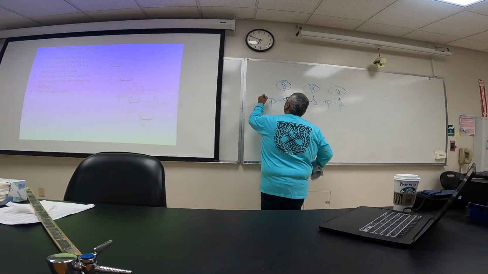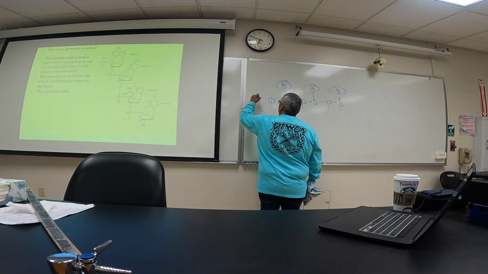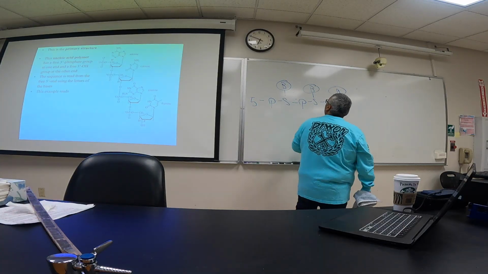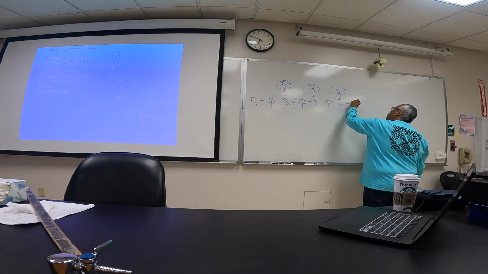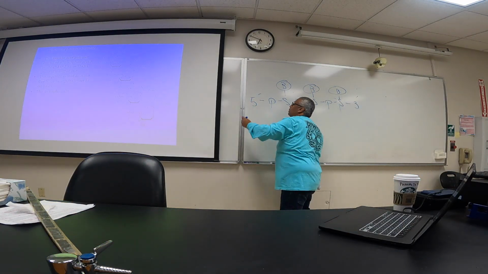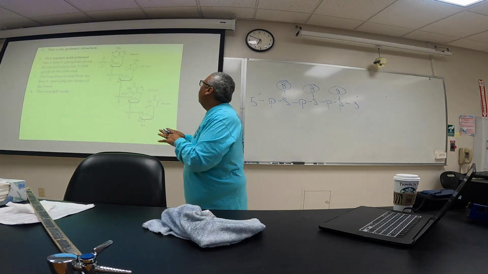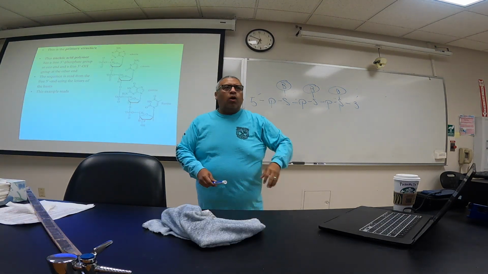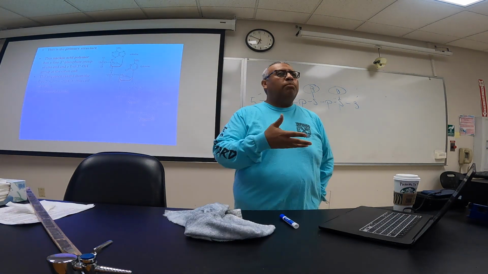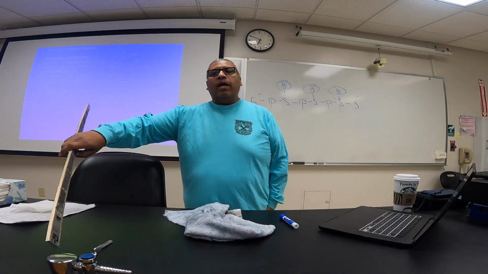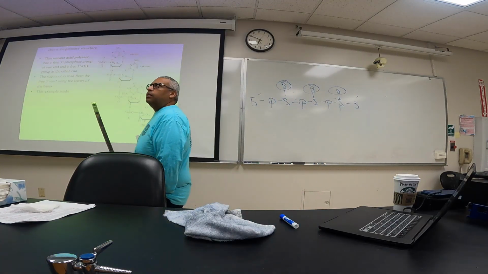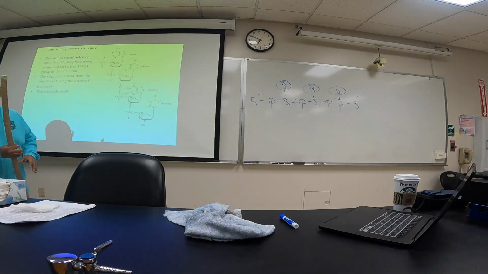We say they run 5' to 3' is what we call it. 5' just represents carbon number 5, and 3' simply represents carbon number 3. And that's how all of these nucleic acids are bonded to each other.